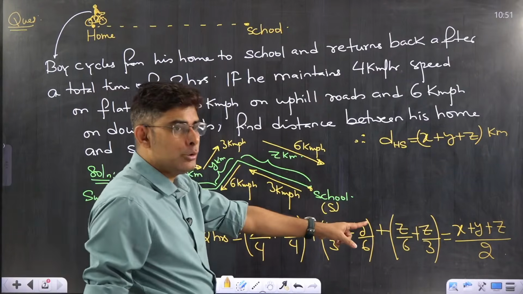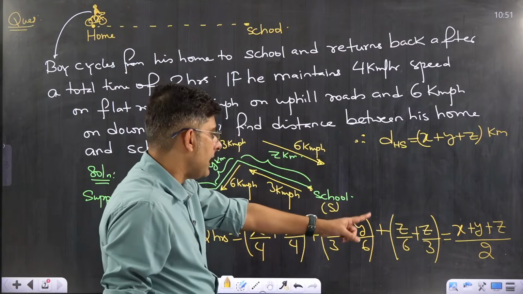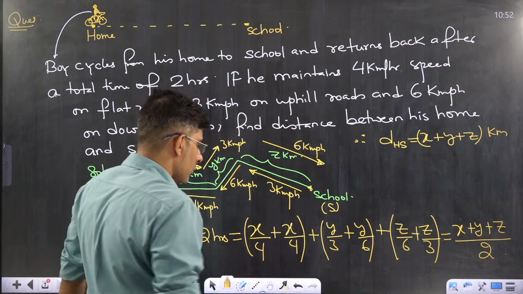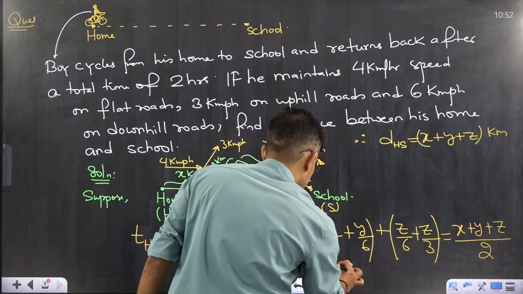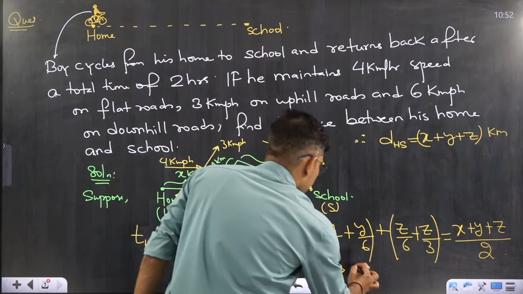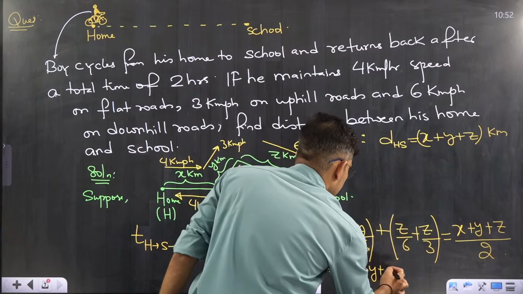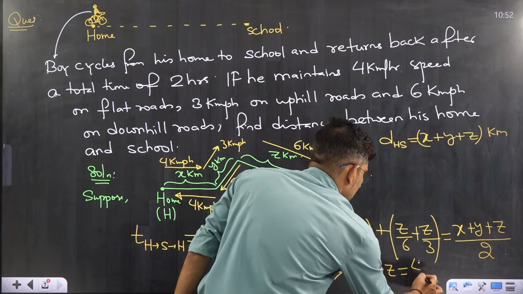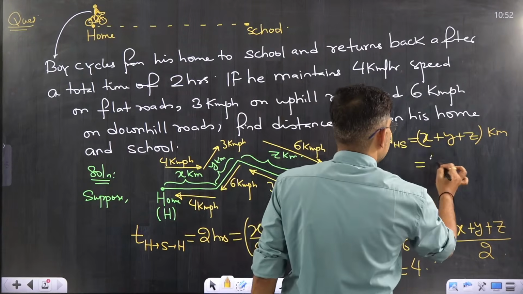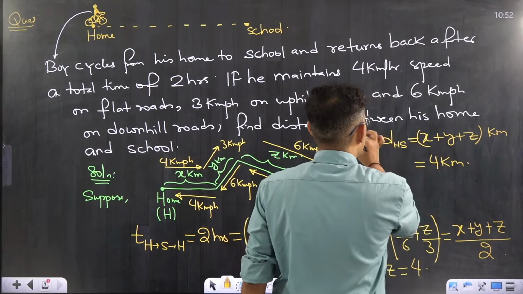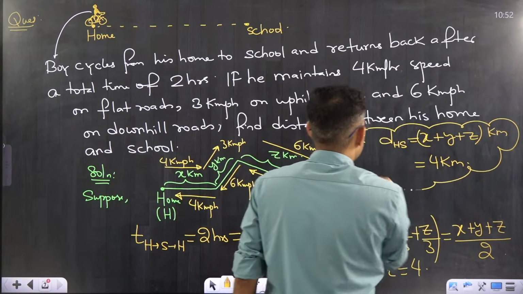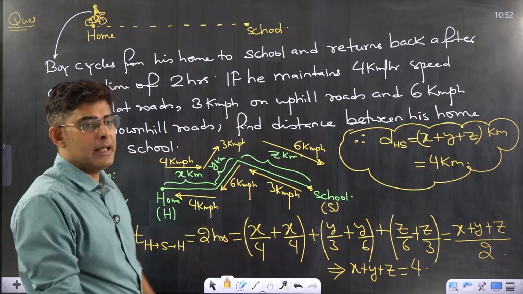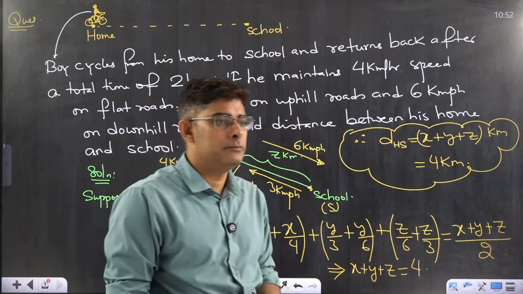So what is the value of x plus y plus z? 2 2s are 4. So what is my final answer? It is 4 km. Yes, several students have given the correct answer to this question also. So our final answer will be 4 km.